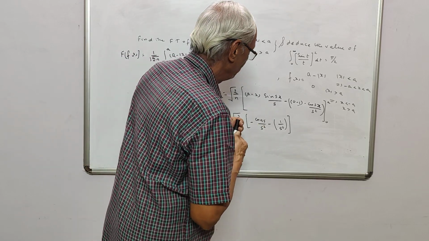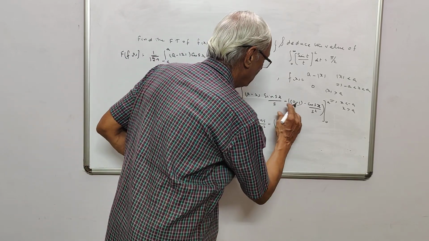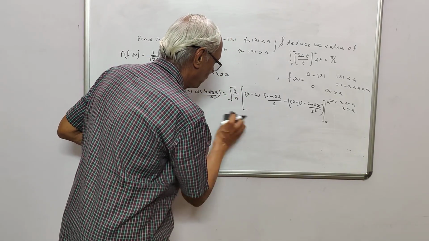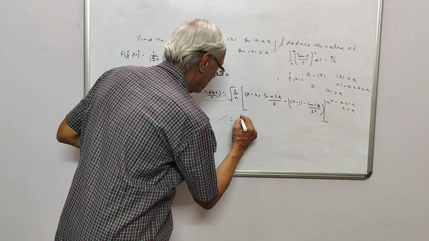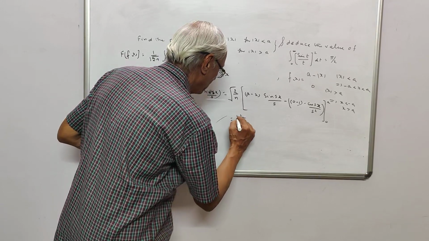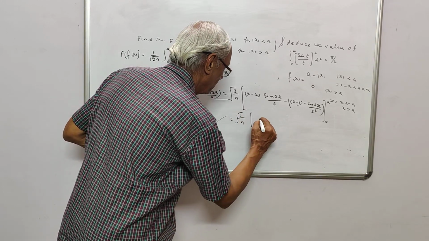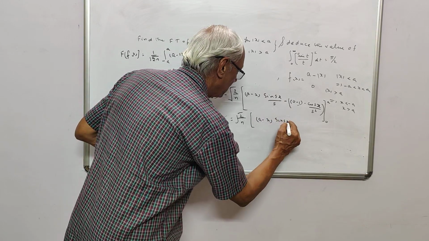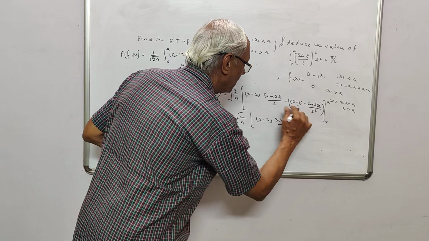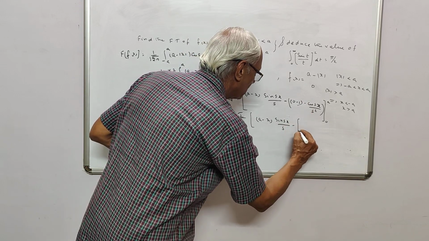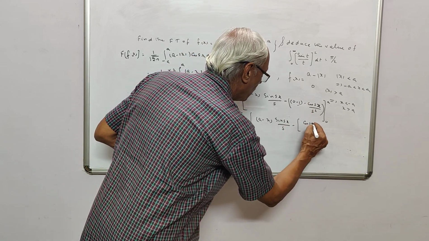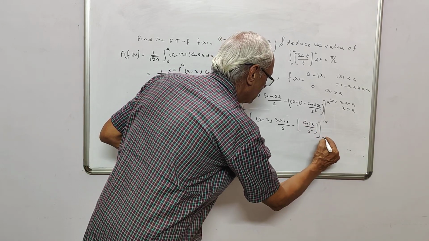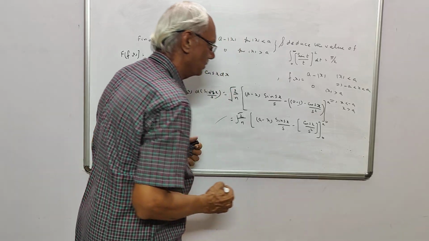In fact, I'll write one more step so that we may not go wrong. So this is equal to 2 by pi into (a minus x) sine sx by s minus cos sx by s squared, from 0 to a. Now this is okay.